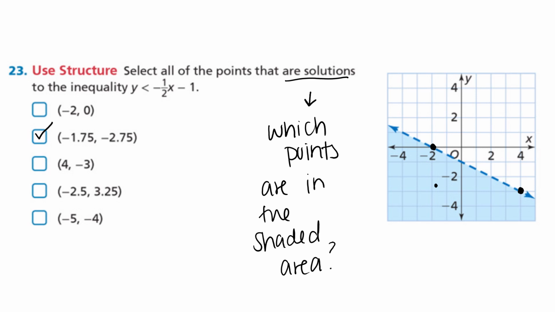Had it been a solid line, we could pick that point, but because it is a dotted line, we will not pick that point. For the next one, -2.5 with a +3.25 puts us up here in the white section, so we're not going to pick that point. And then the last value, -5 and -4, would be down here, which is in the shaded blue region. So that last point is also a correct answer.